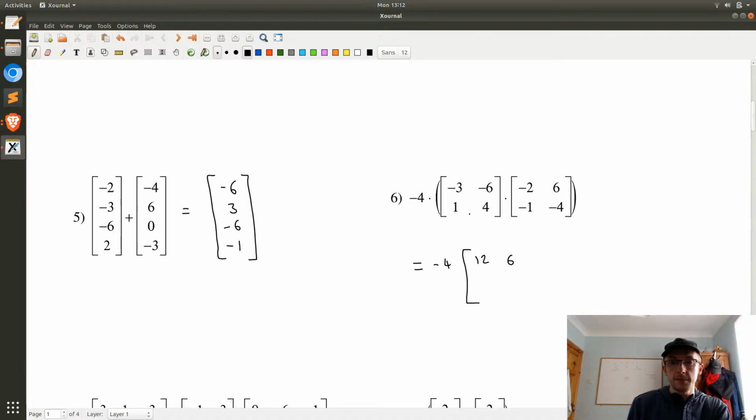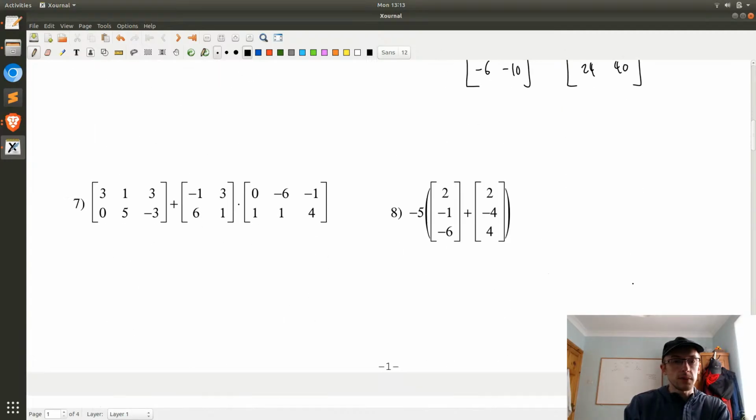Then negative 2 take 4, so negative 6. Then 6 take 16, so negative 10. And multiply everything by negative 4. So negative 48, negative 24, 24, and 40. Wonderful.